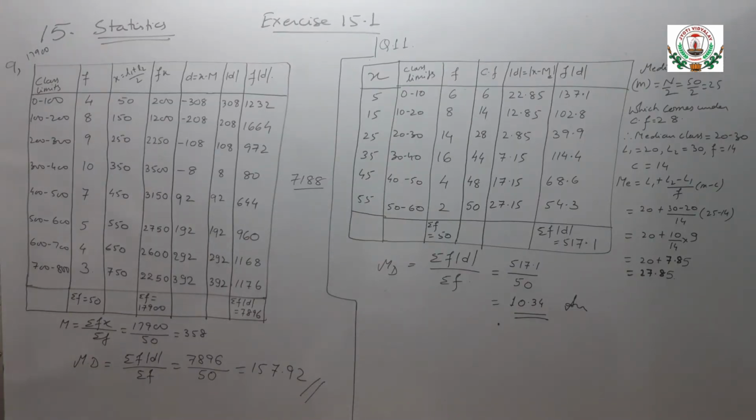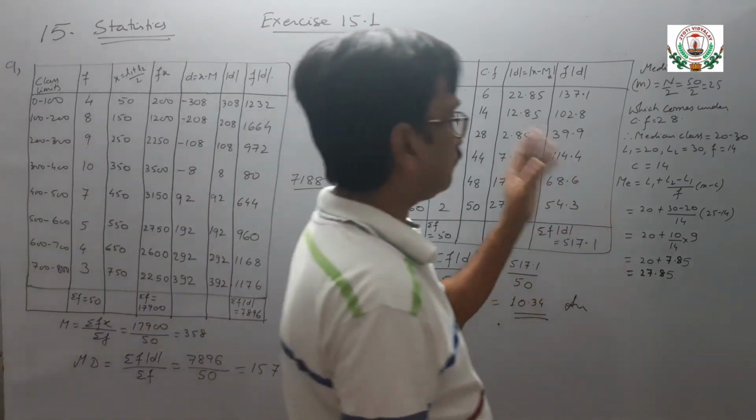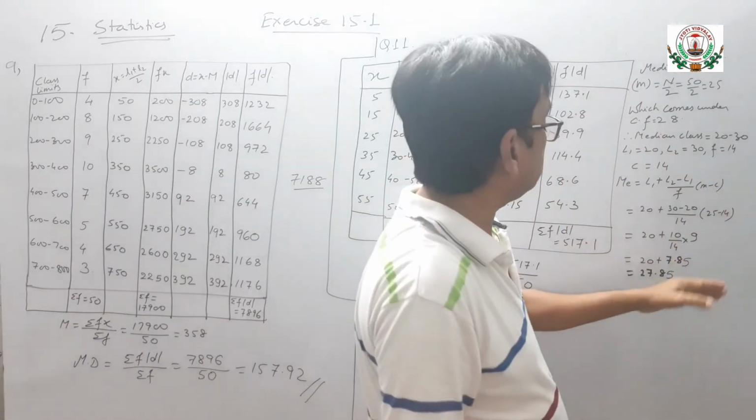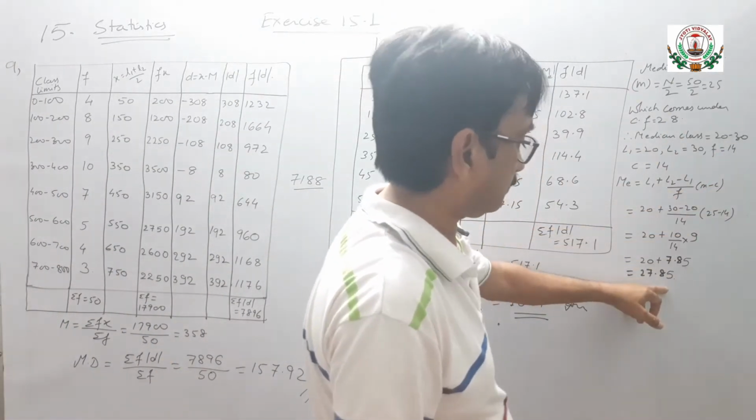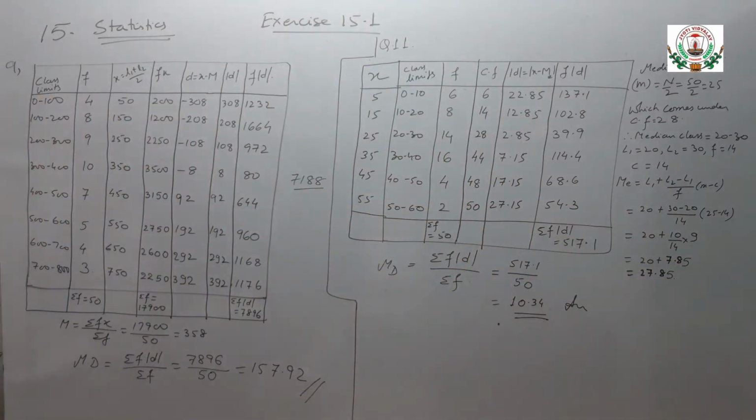Now be careful in question number 9 and question number 11, where we are calculating the mean deviation from the mean. Very high values are coming, and when calculating from the median, decimal values are coming. So this is the question, class limits, frequencies.